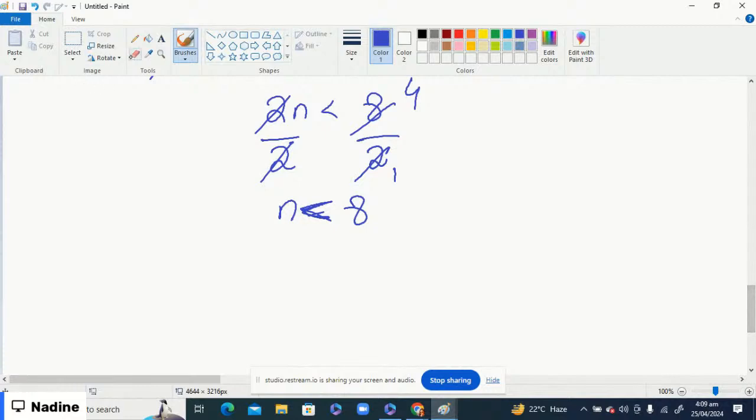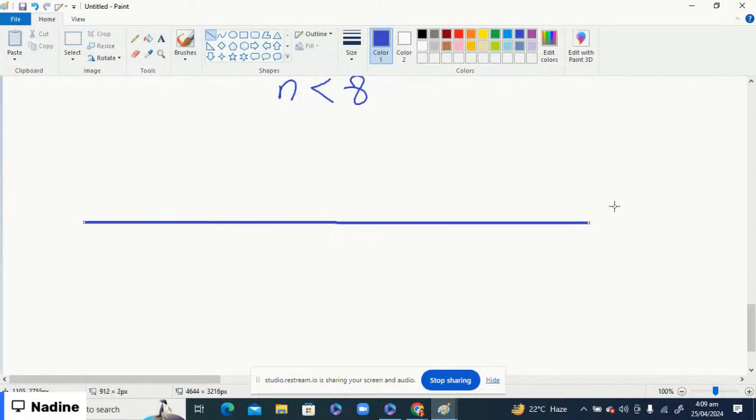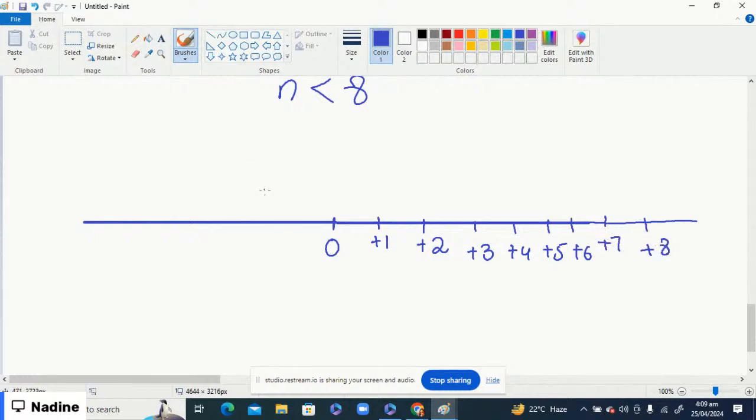How can we find the answer on the graph? Let's do it. Here is the point 0, and on that side it's negative.